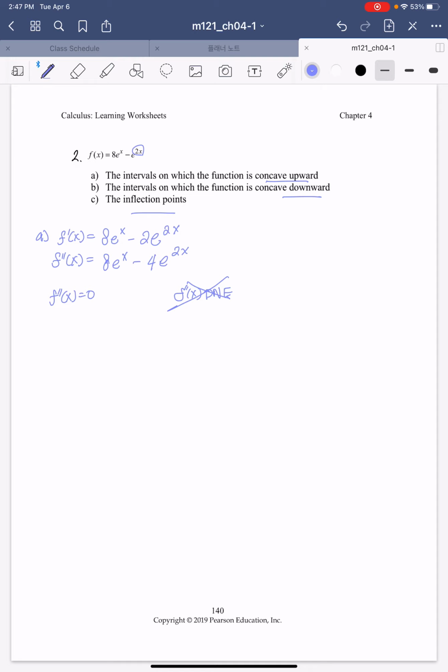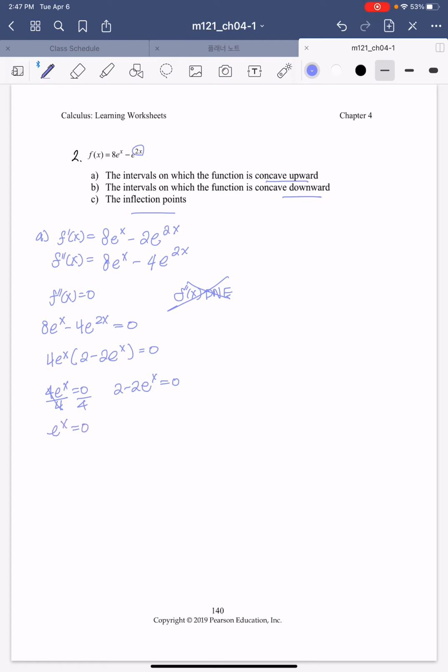Let's set that equal to 0: 8e to the x minus 4e to the 2x equals 0, and solve for x. I noticed that there's a GCF of e to the x, so let's factor that. Then I'm going to have 2 minus 2e to the x. By the zero product property, I'm going to set each factor equal to 0 and solve for x.